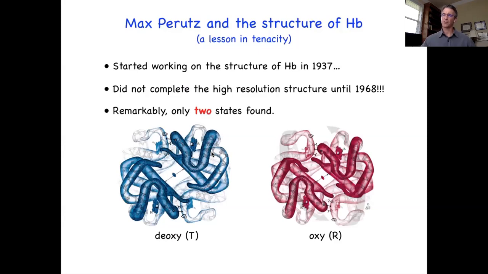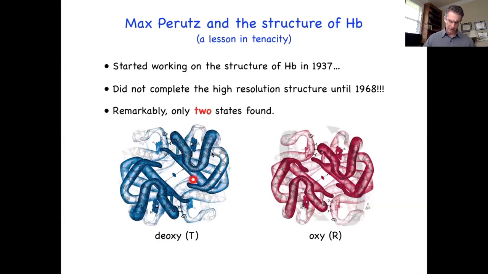So that, to a first approximation, sounds an awful lot like MWC, right? Only 2 states. Even better than that, when people looked in detail, which Max was the first to do, at the conformational properties of the deoxy T and oxy R state, virtually all the structural changes they could see were at the level of the tetramer interface, right?